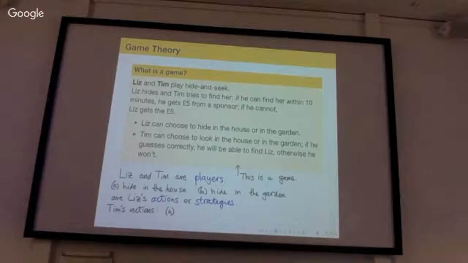A, look in the house. B, look in the garden. Okay, so if you want to know a game, we have to know the players and we have to know their actions. But that's not everything.